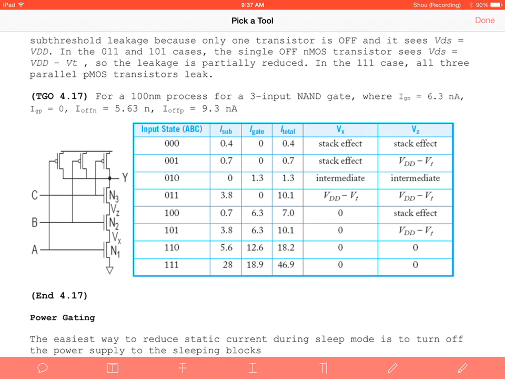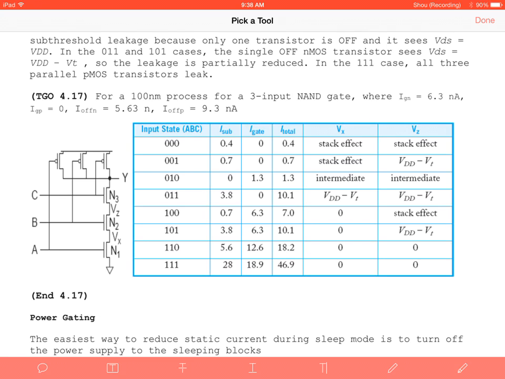So the reason why NOR is different is because these are in parallel, so you're not taking advantage of that stack effect to be able to hold the 0 out. And if you're not able to hold the 0 out as well, what ends up happening is on NOR gates, they have a much harder time pulling up to 1, which is why their logical effort's higher.